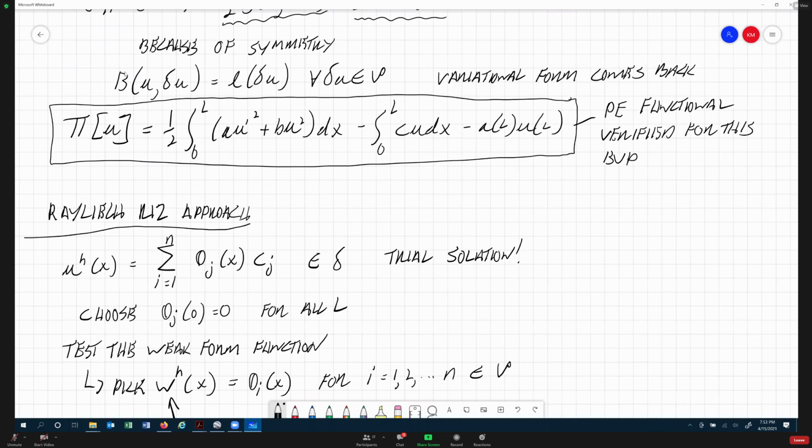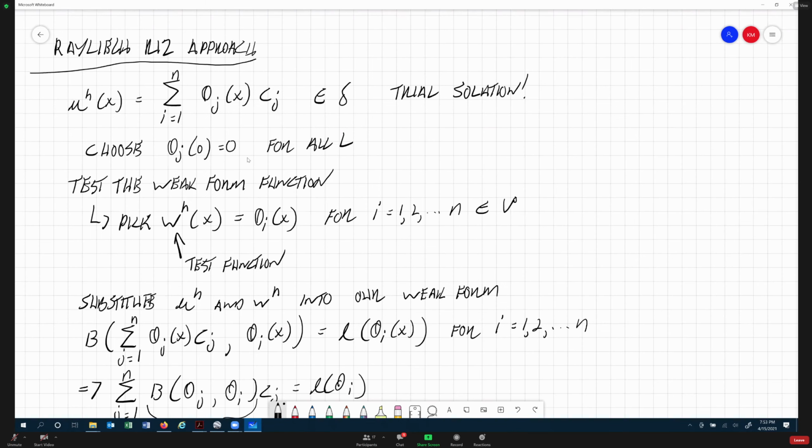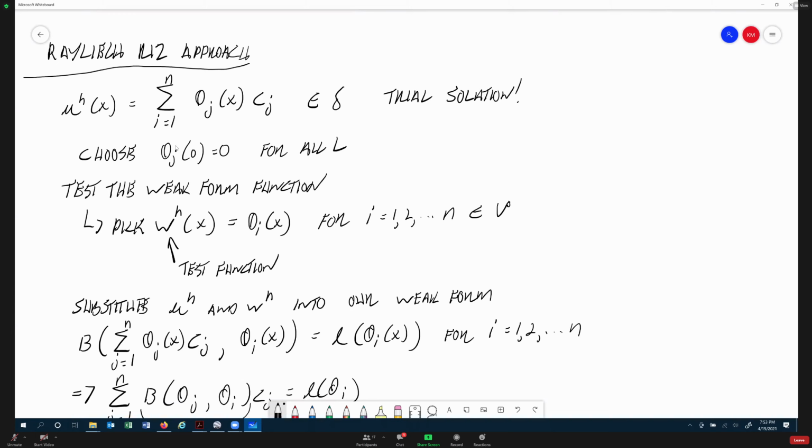So this Rayleigh-Ritz approach says we need a trial solution. Let's make something up. We're going to say that this phi of x, c_j is our trial solution, and we're going to pick at our boundary condition that phi of 0 is equal to 0.